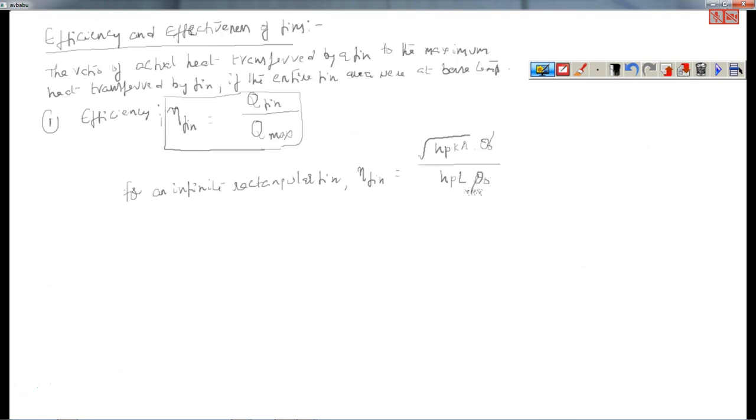This theta 0 gets cancelled, and this is equal to the square root of hpka divided by hpl, whole square, therefore the square root of ka by hp into 1 by L square, that is equal to 1 by ml.